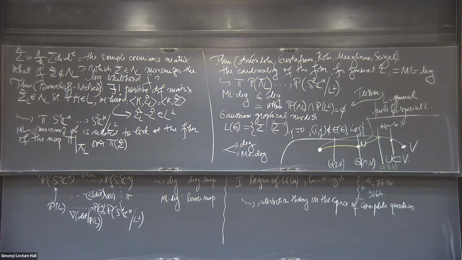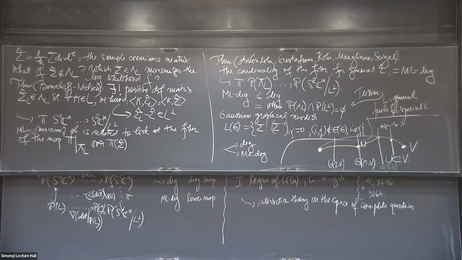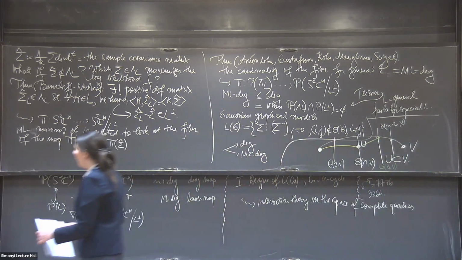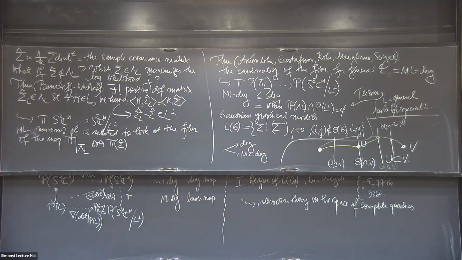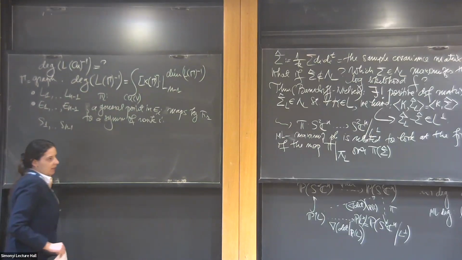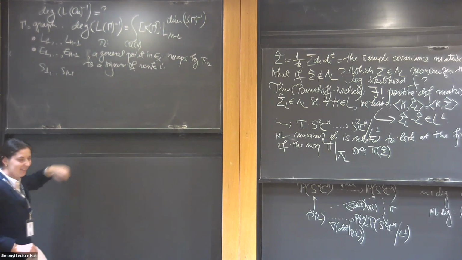And things are much easier there because we know what the tautological bundle structure of the Grassmannian is. So this is how we got the first conjecture. And now I still have like 10 minutes to spend on the ML degree conjecture.